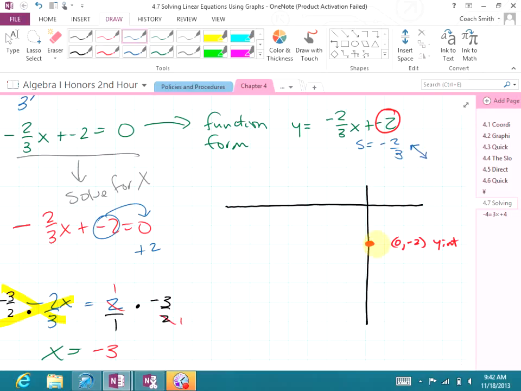So that means I'm going to go up 2, 1, 2, and I'm going to the left 3. 1, 2, 3. And then so therefore my line does prove graphically, we do prove that x is negative 3.